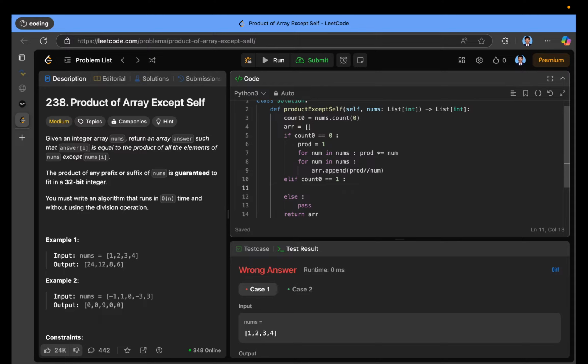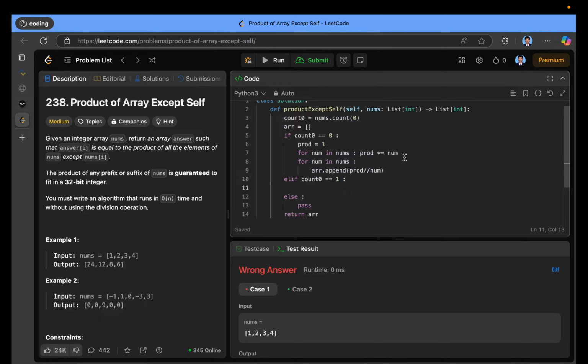The place where 0 is present will be the whole product, and all other places will be 0. So let's go with that. I don't know if you are all able to understand or not. Just see the code, I think you will be able to understand because the code is very short.